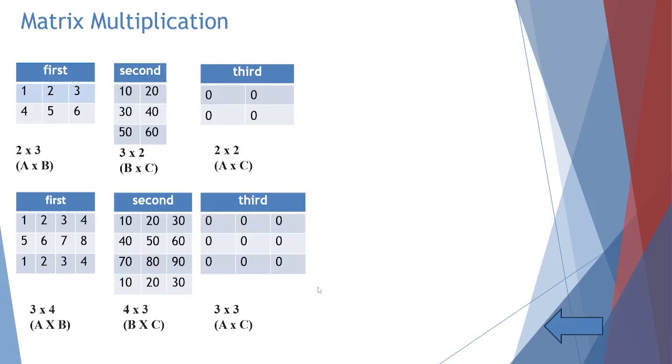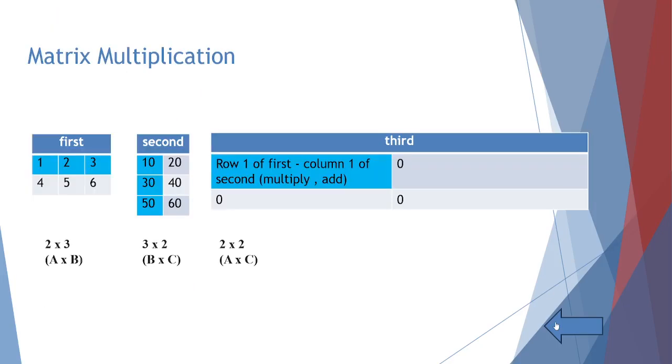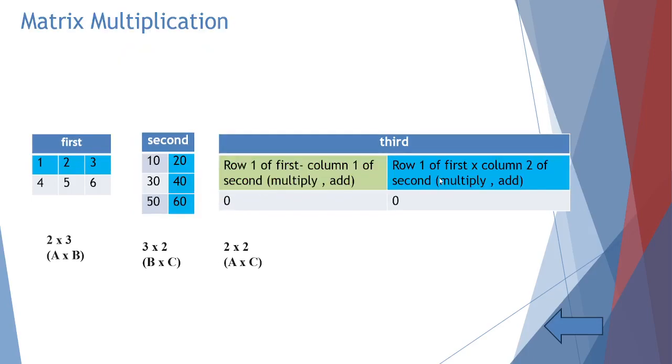Now what do we do in the third matrix? How do we multiply? There is a formula for this. The first row of the first matrix, multiplied and added, with the first column of the second matrix, the answer will go here. Again, the first row and the second column of the second matrix, the answer goes to the third matrix in this area.